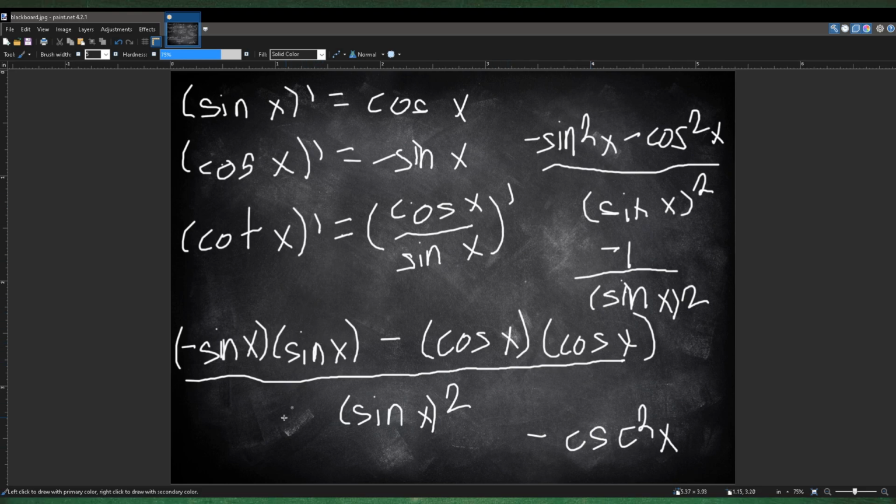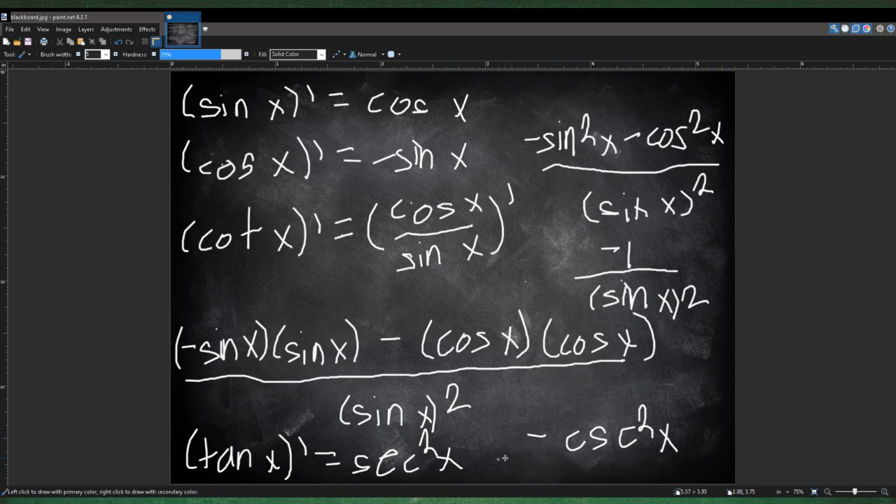If you remember, a few minutes ago we proved that the derivative of tangent of x was equal to secant of x squared. Sorry, I have kind of bad handwriting. So we have the derivative of tangent of x equal to secant squared of x, and the derivative of cotangent of x equal to negative cosecant squared of x.